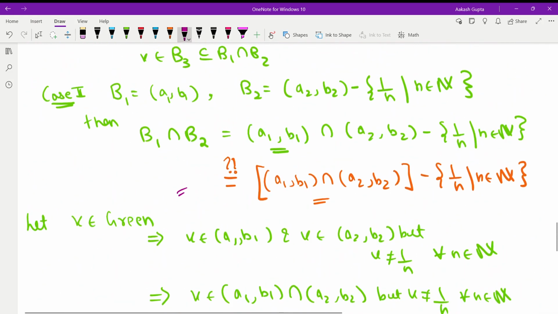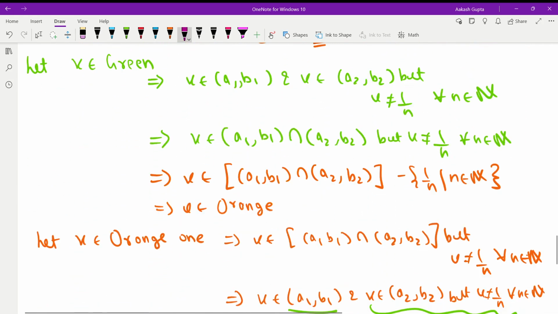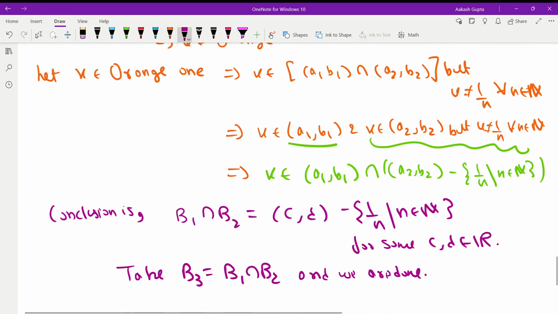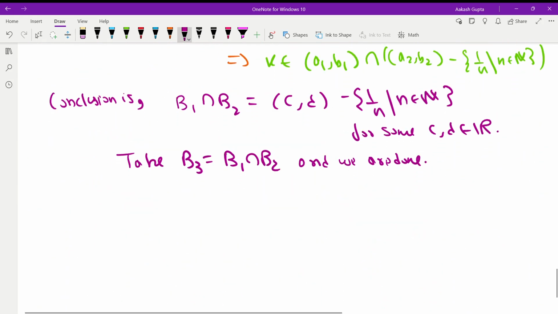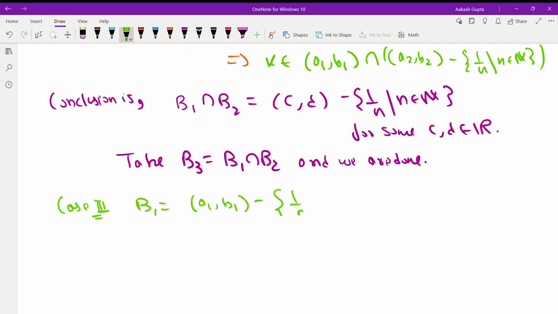Now, what would be the next case, guys? Case 3 would be both are of the same type. So case 3: B1 equals (A1, B1) minus {1/n : n in N}, and B2 equals (A2, B2) minus {1/n : n in N}.